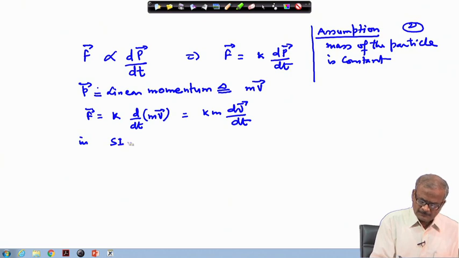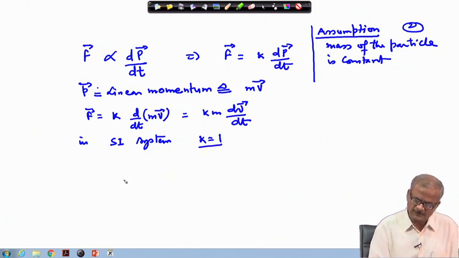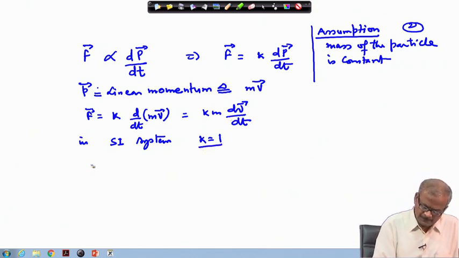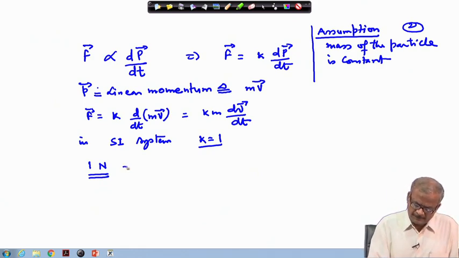In the SI system, it is taken so that k turns out to be 1. Okay. So, how it is done: on the left hand side it is chosen as 1 Newton. So, 1 Newton is defined as the force which produces an acceleration of 1 meter per second square in a body of mass 1 kg.